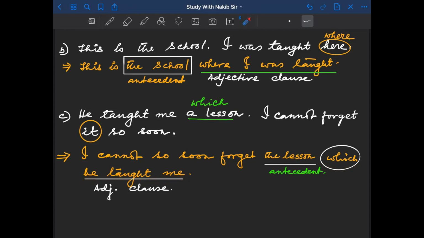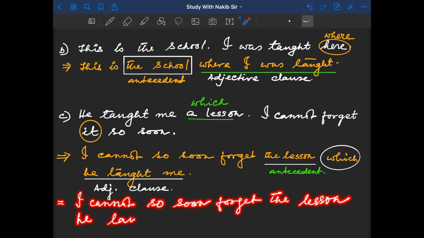When this is the case, when the relative pronoun is the object of the relative clause, drop this relative pronoun. This relative pronoun is dropped. Generally it is understood. Understood means it is there, but it is not physically written. So your combined sentence is like this. I cannot so soon forget the lesson he taught me.